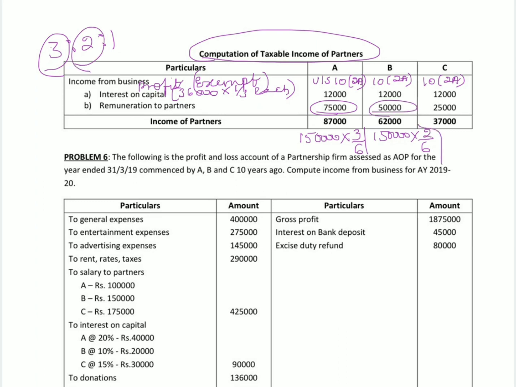And for C, again 1,50,000 into his share, 1 out of 6, which comes to 25,000. So the total taxable income in the hands of partners is 87,000, 62,000 and 37,000 respectively.